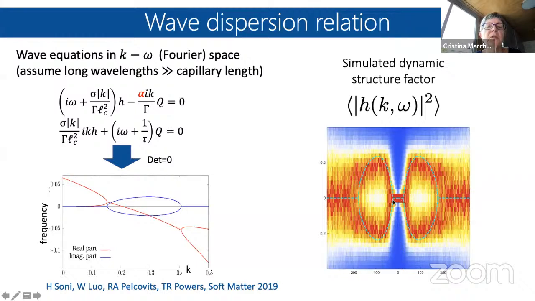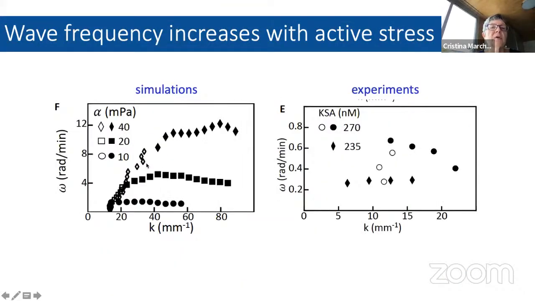So the traveling waves only occur above some characteristic wave vector and have this type of dispersion relation. There's a region where the dispersion relation is rather flat, independent of wave vector, but in the region near the onset, these dispersion relations have been measured both in experiments and simulations.